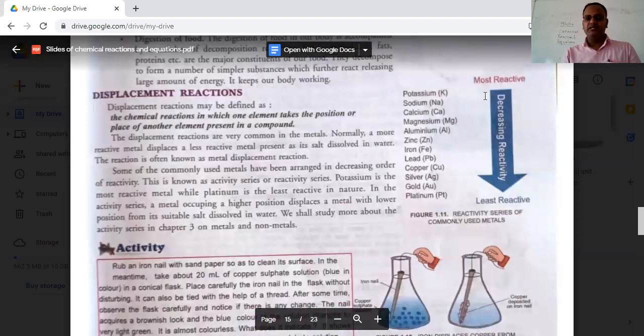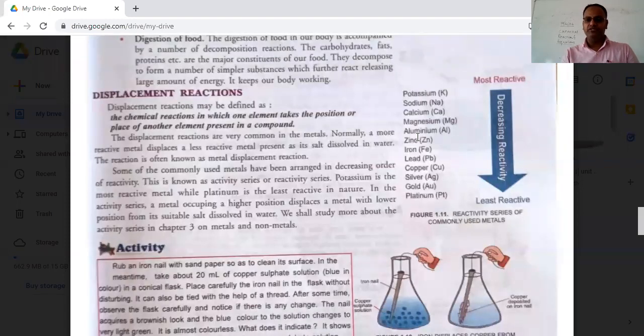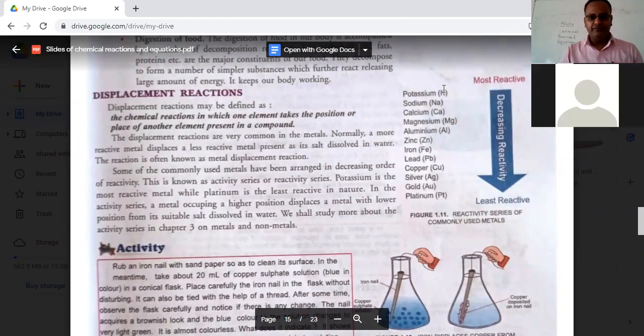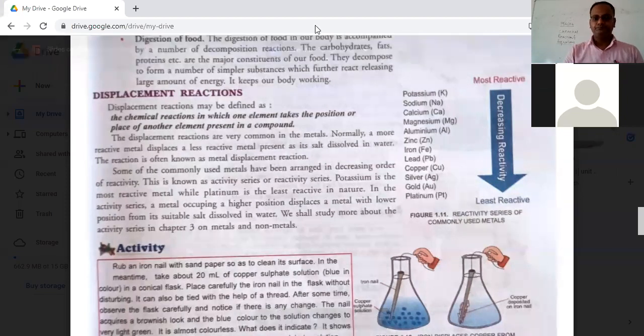As we can see here: potassium, sodium, calcium, magnesium, aluminium, zinc, iron, lead, copper, silver, gold, platinum. Here platinum is the least reactive one, and potassium is the most reactive metal. So this is called the reactivity series.